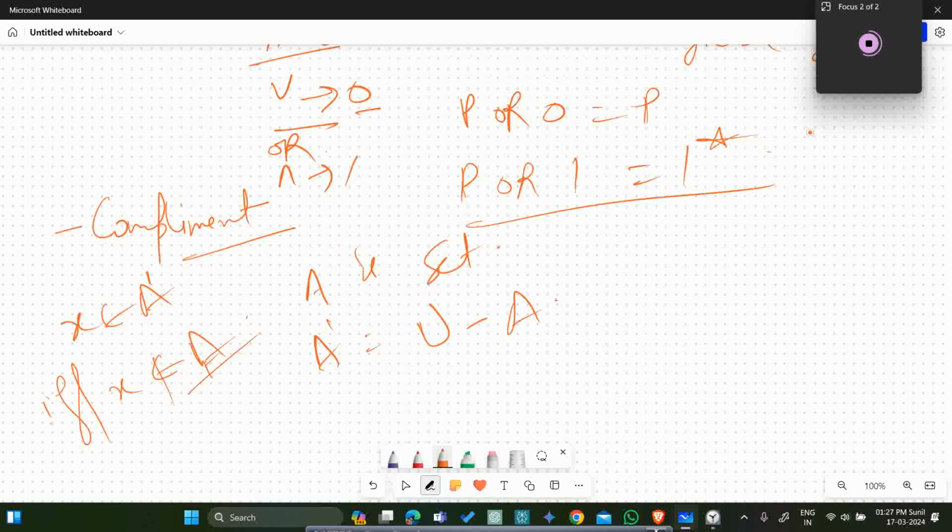So for this, P disjunction P dash is always true. And we can say P and P dash is always false.